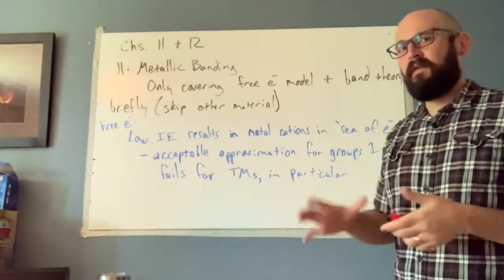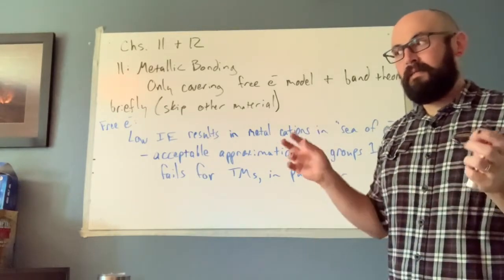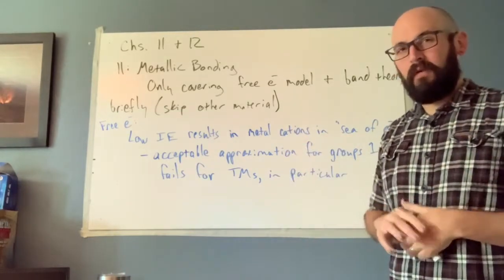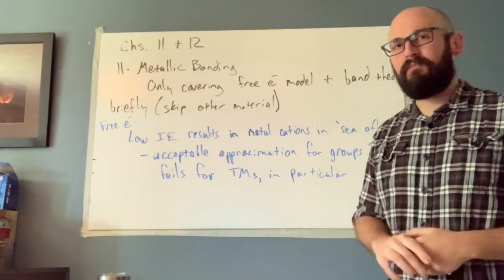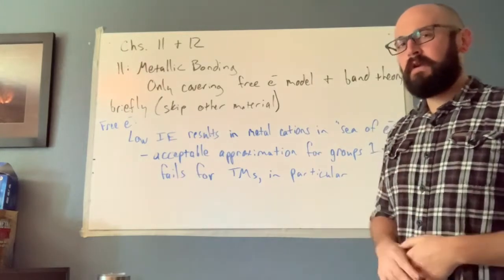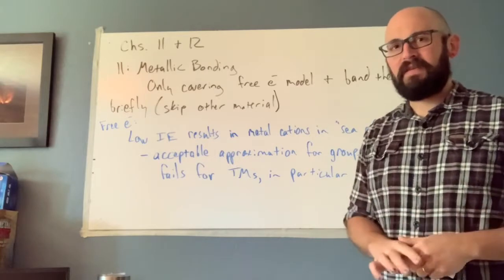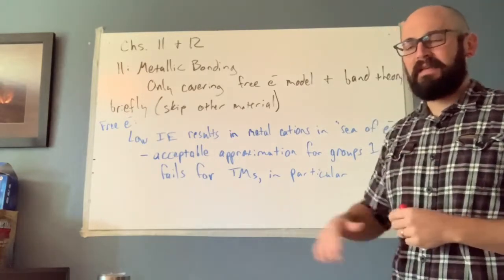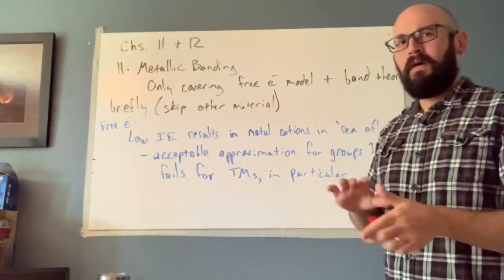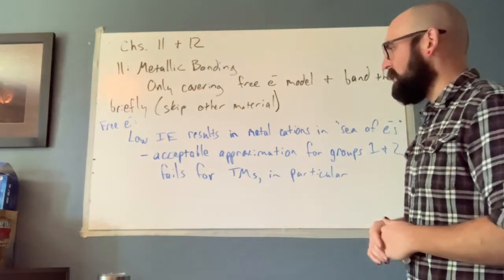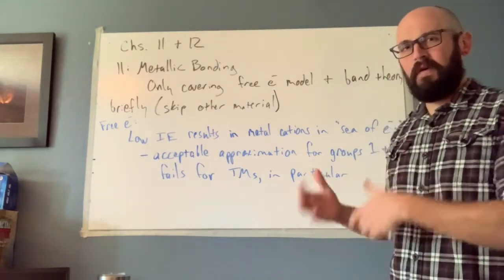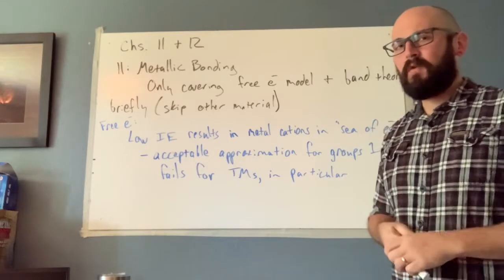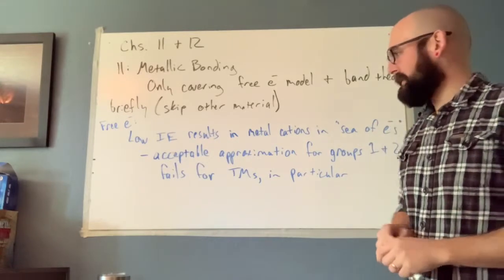It can also be thought of comparably to a gas cloud, an electron gas cloud, which is the way that your book describes it. We're not going to go into so much detail with mathematics associated with this. We're going to take this at a pretty low level in terms of our discussion associated with the electron sea model, and we'll go into a little more detail with regard to band theory.